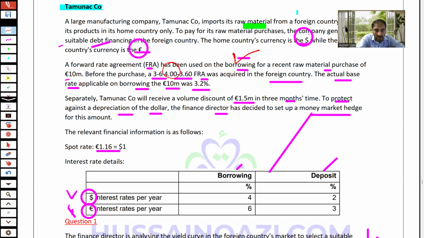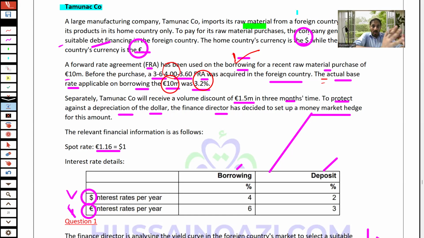Number two, this is for 3 months. Number three, $10 million. So originally locked at 4%. But the actual base rate applicable on borrowing was 3.2%.